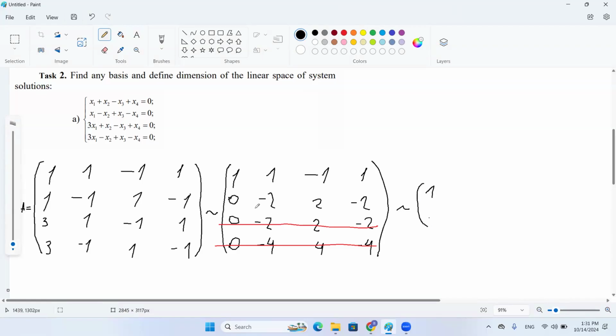And also I will change the sign here and divide the second equation by minus 2. So it will look like this: 1, minus 1, and 1.